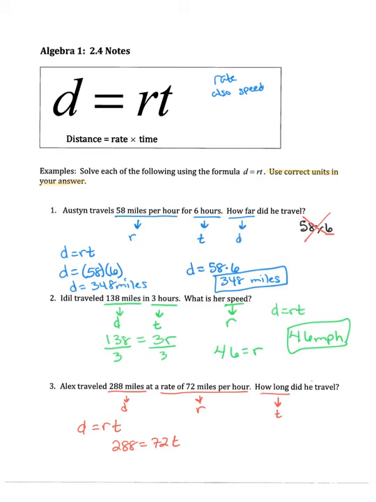We are multiplying 72 times T. We need to get the T alone. We need to isolate it. So you undo the multiplication by dividing. We have 4 equals T. He traveled 4 hours.